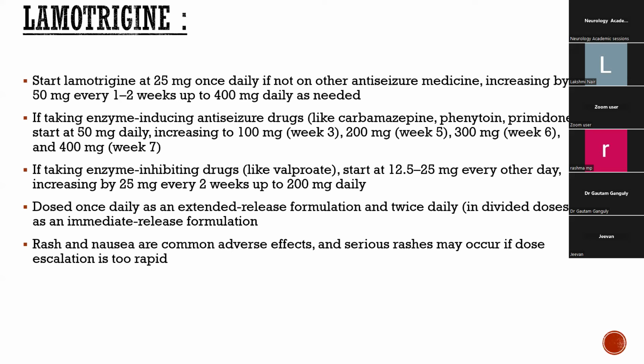If the patient is taking an enzyme inhibiting drug like valproate, start at 12.5 to 25 mg every other day and increase by 25 mg every 2 weeks up to 200 mg daily.